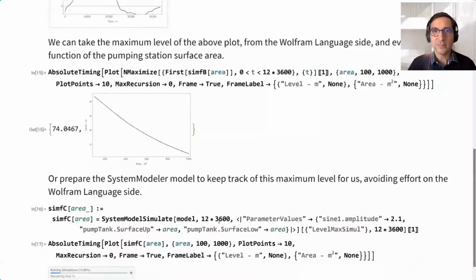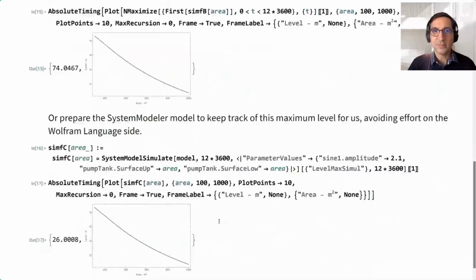We will more or less run the same simulations. But as you can see, these simulations are being processed with almost no delay between two simulations, because the Wolfram language does not have to calculate the maximum level, and you see that it's much faster.